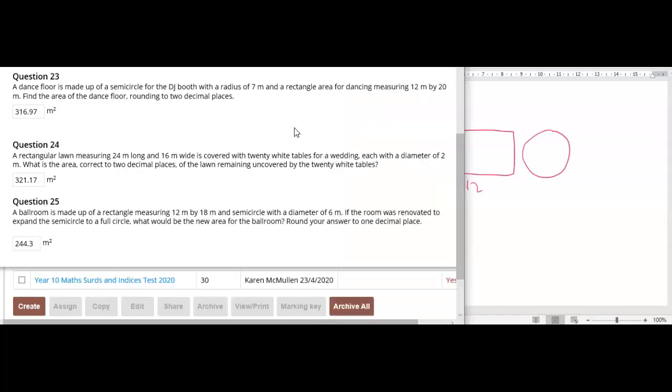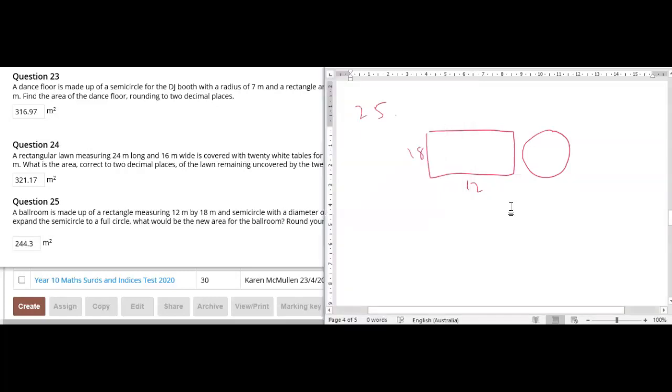Now it was a semicircle of a diameter of 6. If the room was renovated to expand the semicircle to a full circle, what would be the new area? So this is 6 diameter, remember, reading it correctly. Maybe if you got this question wrong, you didn't read it correctly.